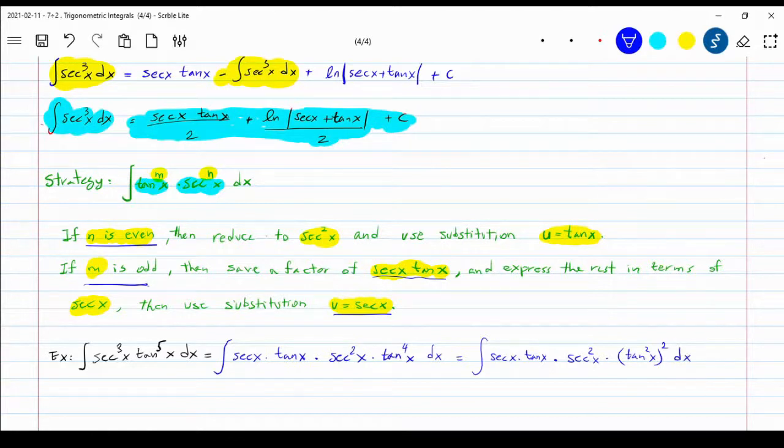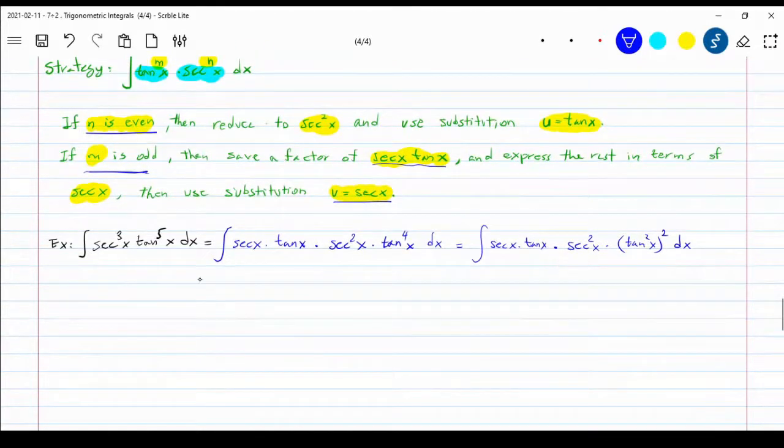Which means now I can use the Pythagorean identity and write this integral as secant x tangent x times secant squared x, and instead of tangent squared I can write secant squared x minus 1, squared, dx.